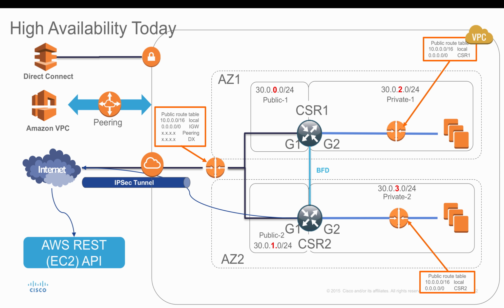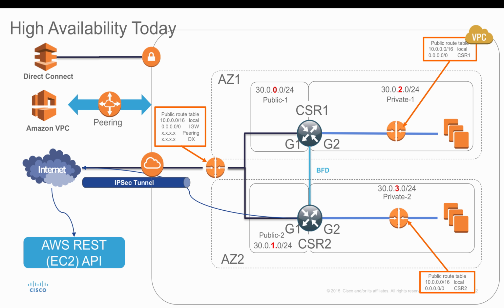This allows you to keep the traffic localized, because traffic that goes across AZs will be charged. But if CSR1 fails, CSR2 will update the route for the private 1 subnet that's in a different AZ. So you will end up with cross-AZ traffic, but you don't lose the connectivity. And I think most people are using this deployment model.